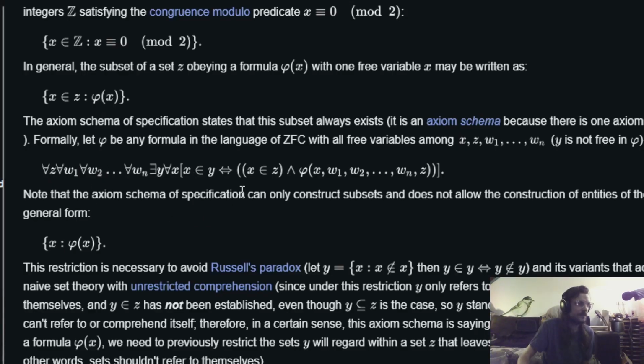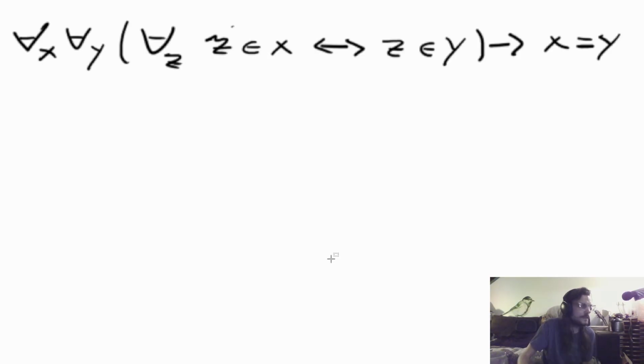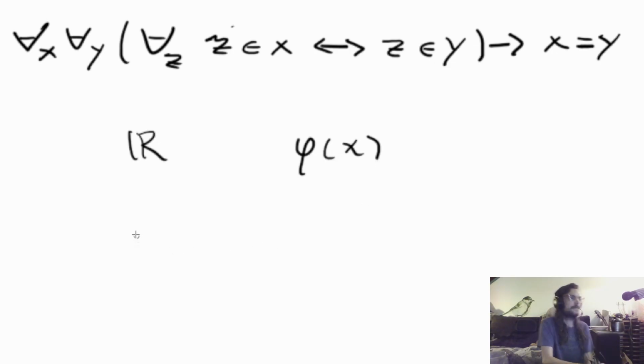This phrasing here has some indefinite amount of quantors in it, which makes it very awkward to write down. It says the following: if you have a set, such as the real numbers, then you can construct a new set using a phrase phi that has some input x, and x is a variable.